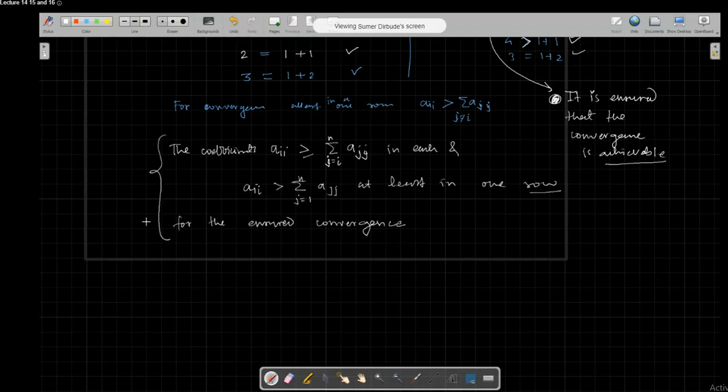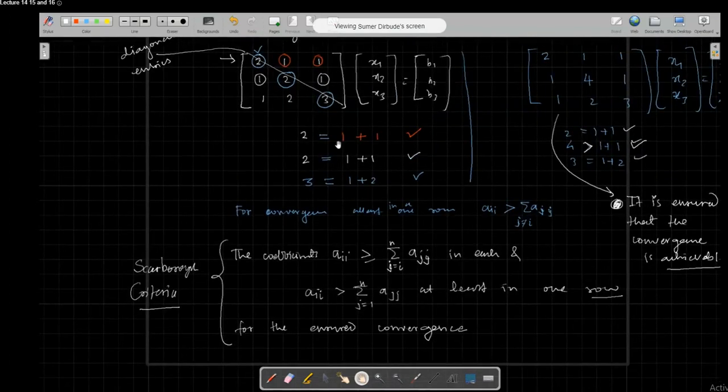This is the Scarborough criteria. So you see that this diagonal dominance is a must for convergence.